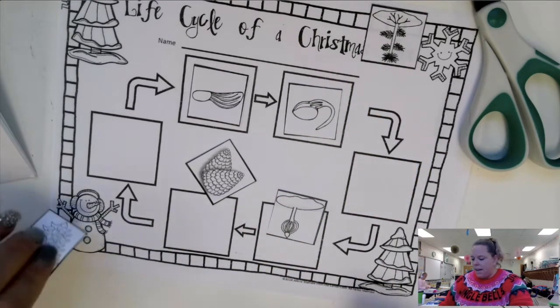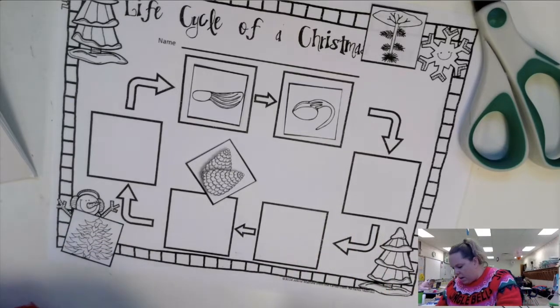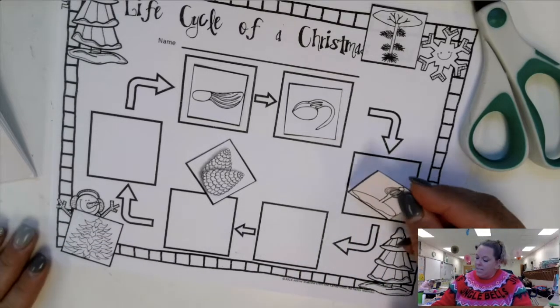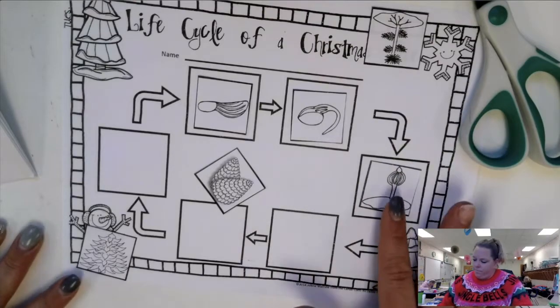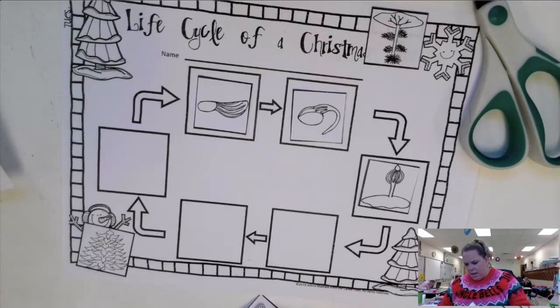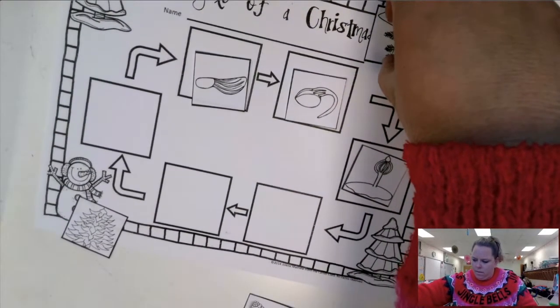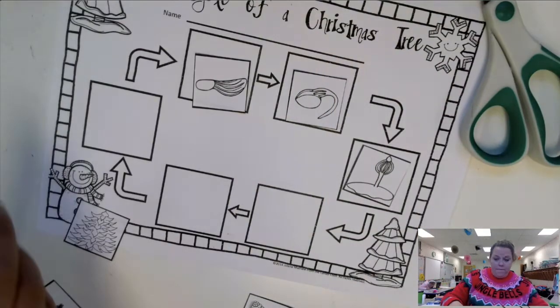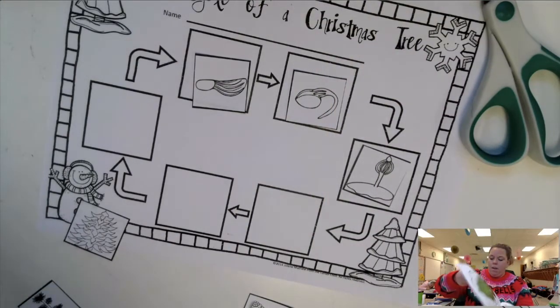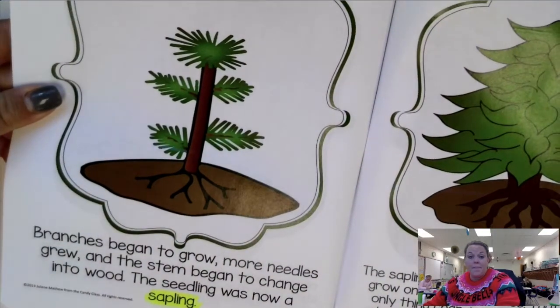Okay, what comes after the sprout? After the sprout comes the seedling. After the seedling comes the, we call that the sapling.